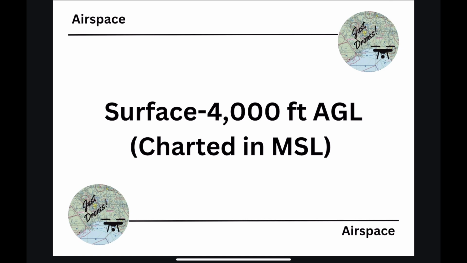They basically show MSL instead of AGL for manned pilots, so when they're looking at their altimeter, they know they're looking at a mean sea level number, not the altitude they are above the ground. So on a VFR sectional, the Class C airspace is always going to be charted in an MSL number, so it's going to be a little bit different than 4,000 feet, unless that airport is at sea level.